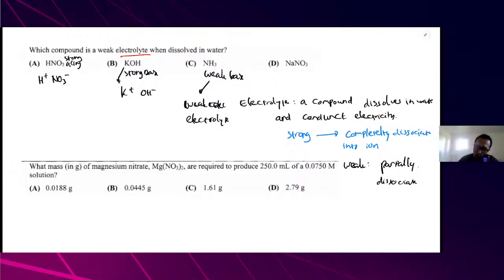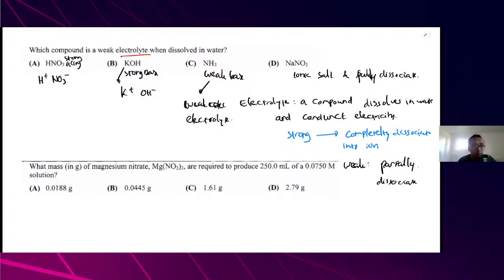How about NaNO3? This is an ionic salt, and it fully dissociates, making a strong electrolyte.